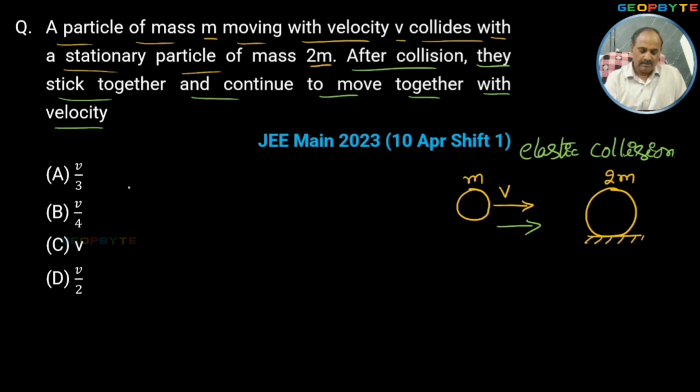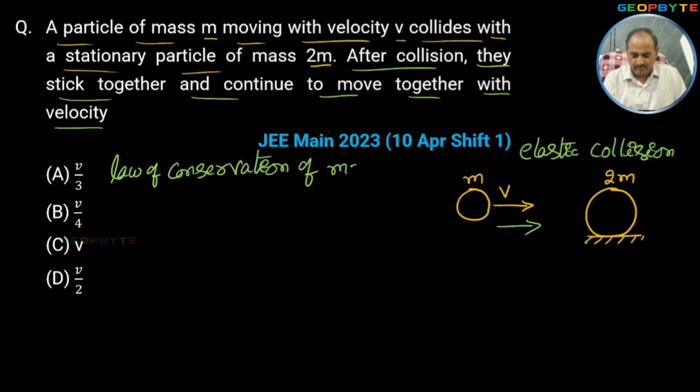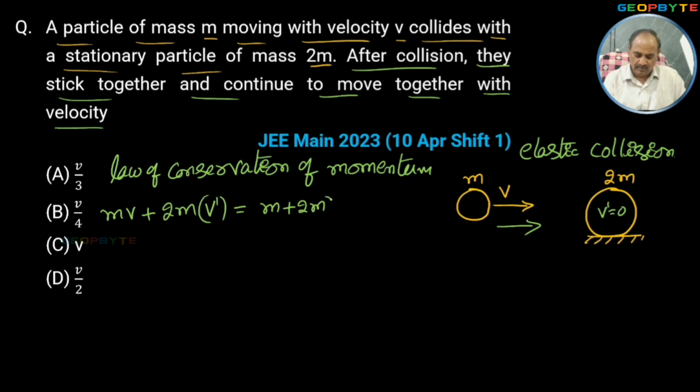Here, applying the law of conservation of momentum: m into v plus 2m into its velocity, which is 0. Let that be v dash. So m v plus 2m v dash is equal to m plus 2m into the final velocity v2.